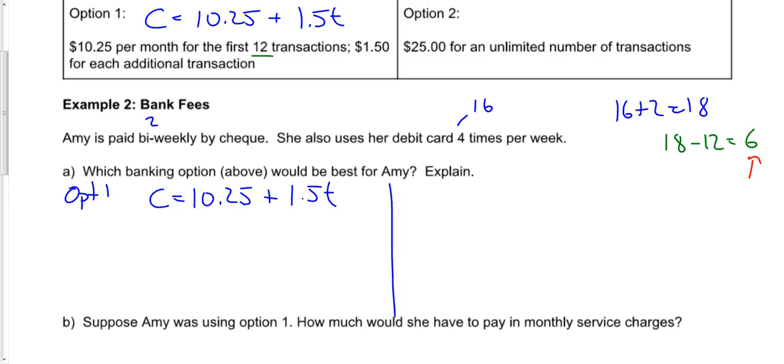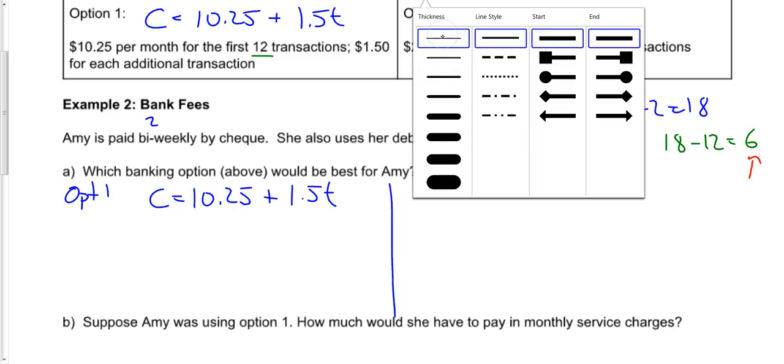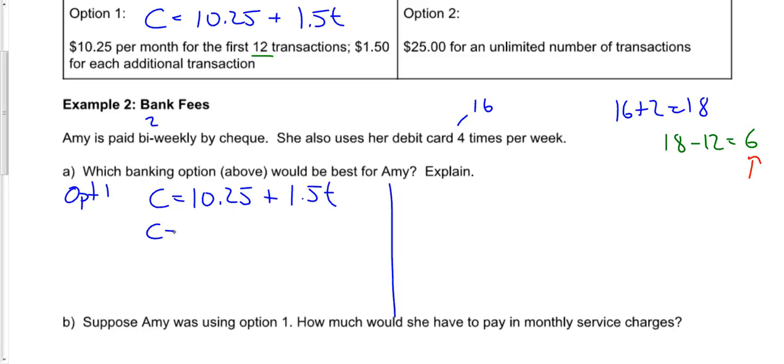So let's substitute now into our equation. So cost is going to equal 10.25 plus 1.5 times the number of transactions she's got to pay above 12. She's paying for transaction 13, 14, 15, 16, 17, 18.